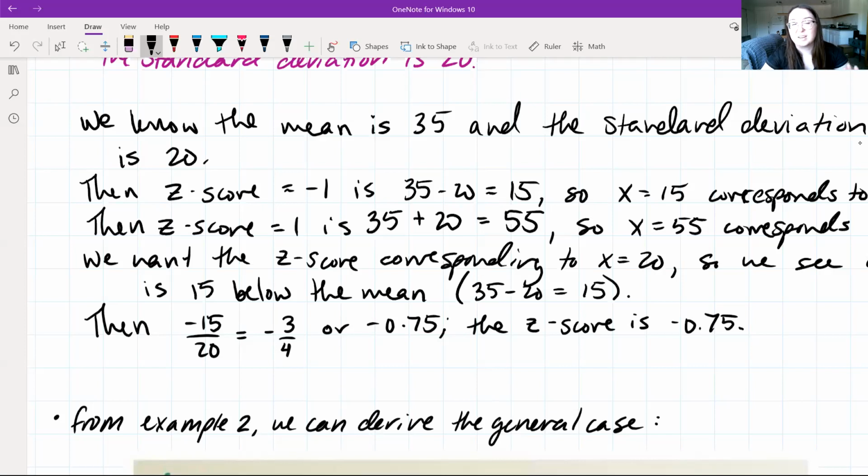So I know there was a lot of numbers that was thrown around, a lot of numbers that were very similar. But the main thing to understand is that if you had x equals 20, when your standard deviation cutoff would have been x equals 15, then you know that you need to take the units away from the mean that the x value you're trying to find is, and you divide by your standard deviation.